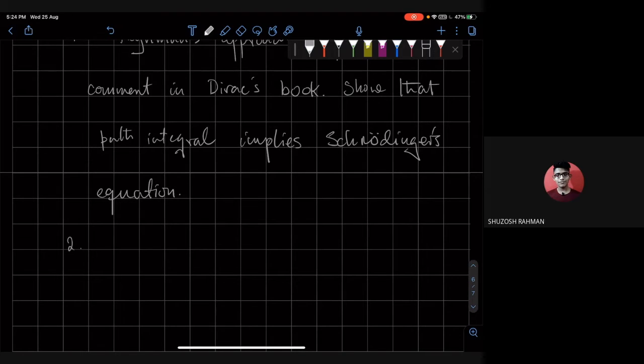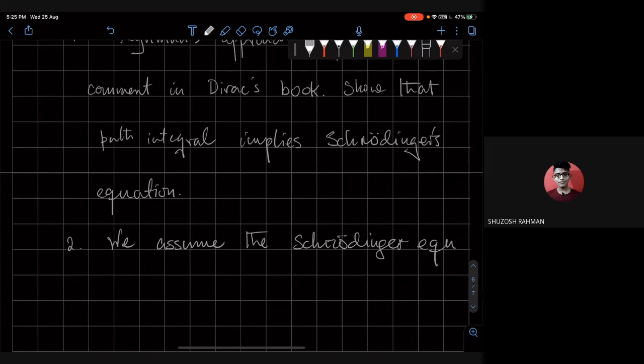Another way of looking at it is that we assume the Schrodinger equation to be true, and from the time evolution operator, we derive the path integral.